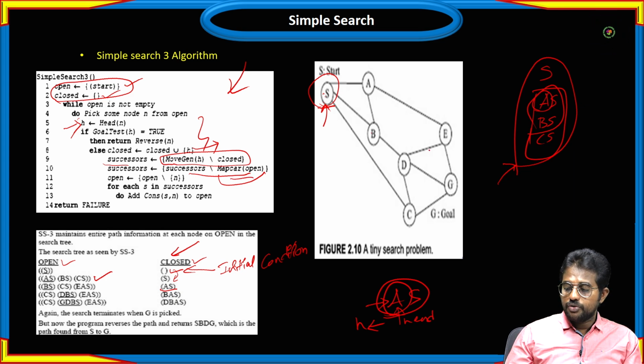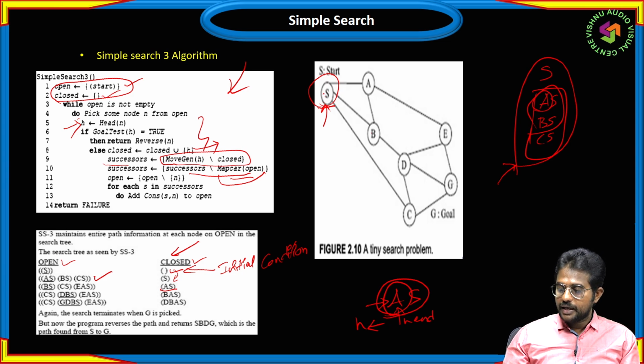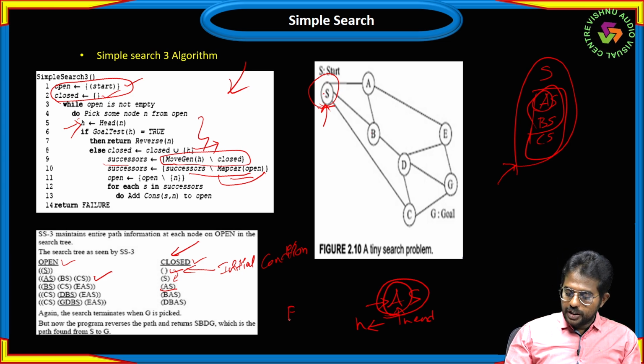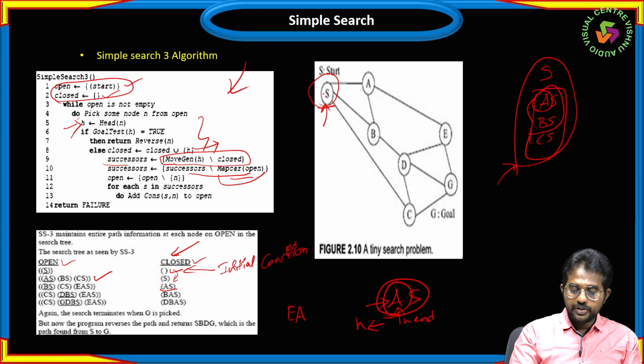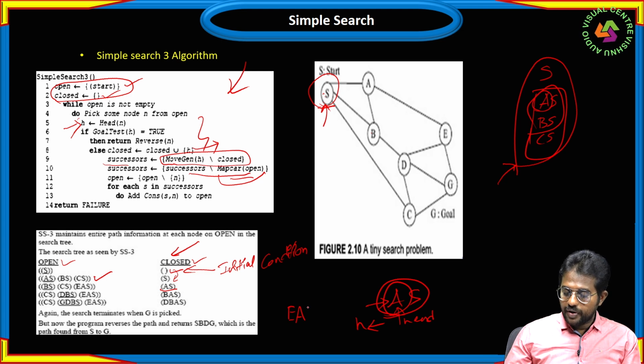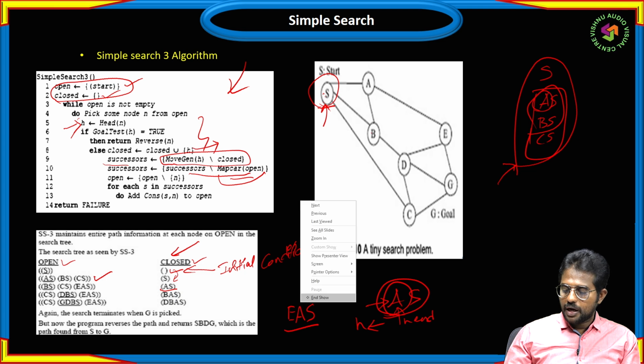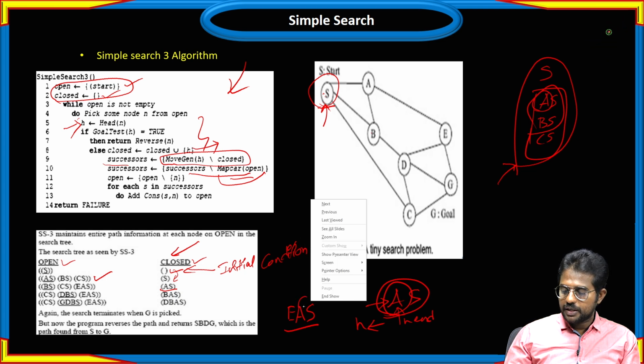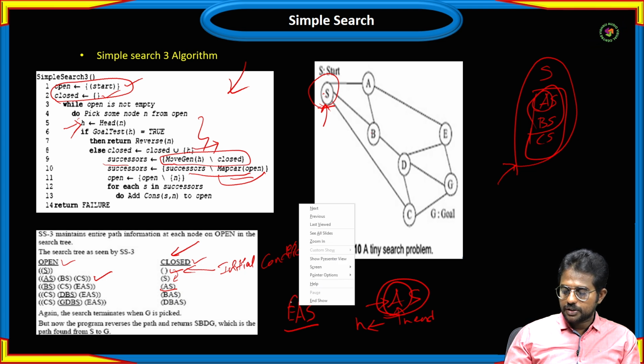E was not in open, so E will be added, and E's parent is A. While storing A we saved AS, so we will directly store EAS. That is, I came to E from A and A came from S. So this is the structure.